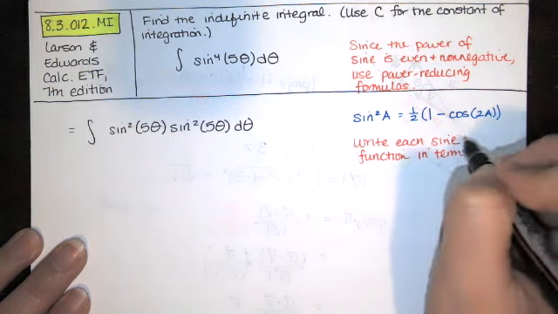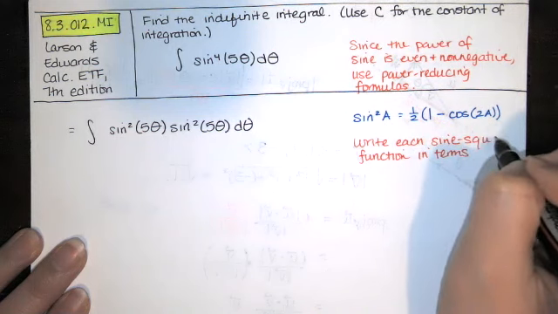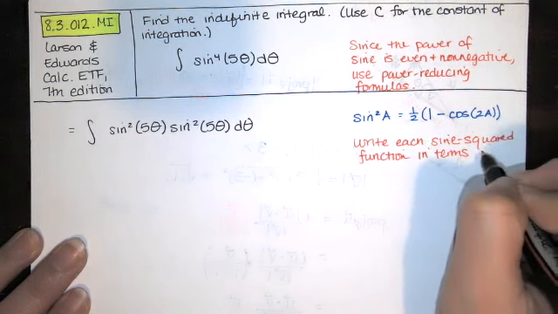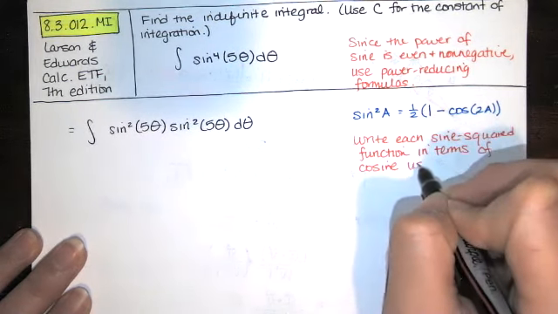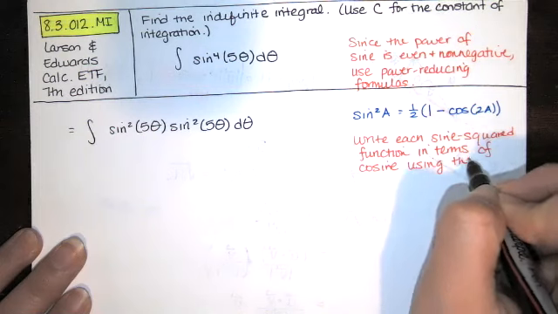So we're writing each sine squared function in terms of cosine using the power reducing formula.